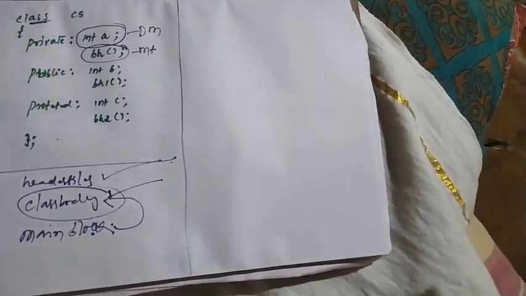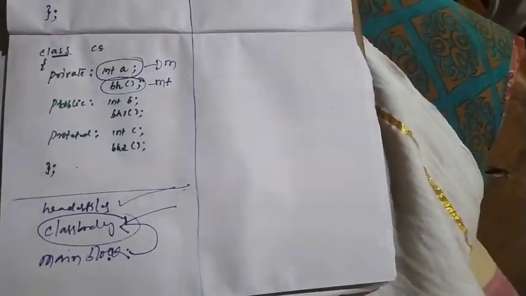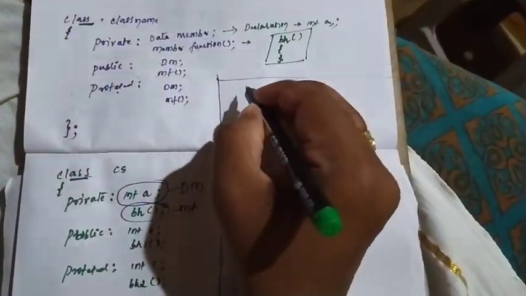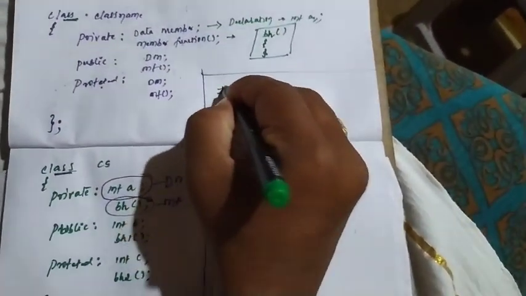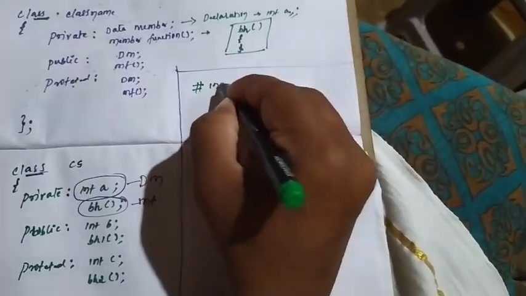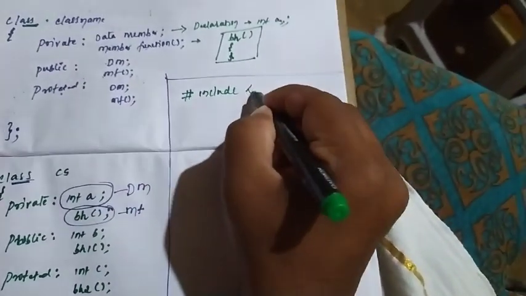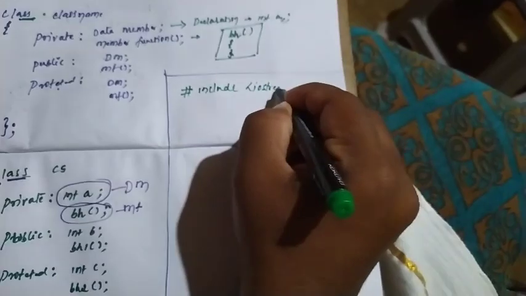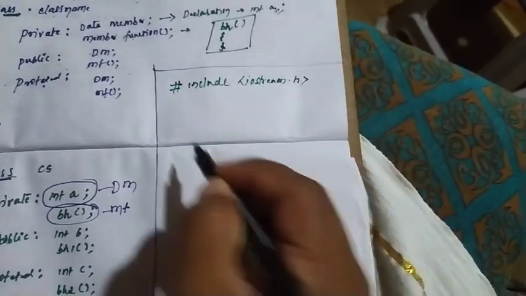In this class we will learn to develop a program using the OOPS method. Here I will write addition of two numbers using the OOPS method. Let me start. Just now I have told about header files in C++. The first header file: hash include iostream dot h.